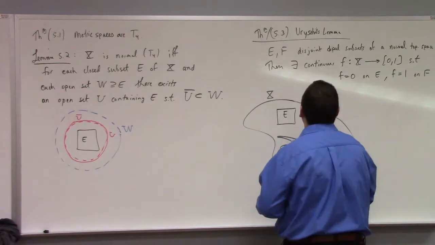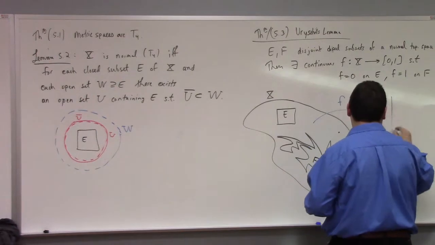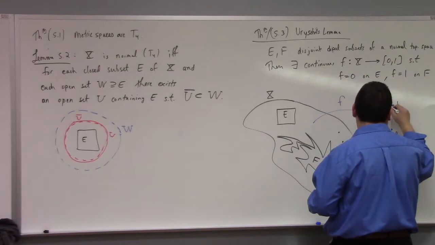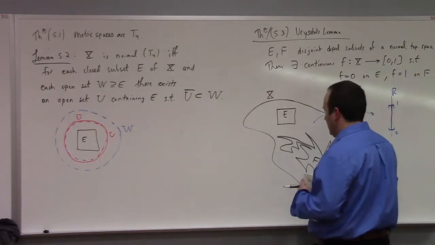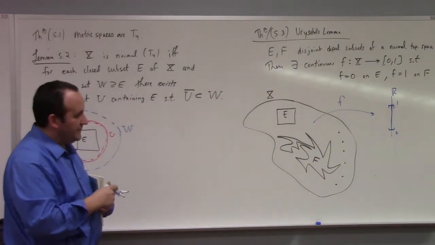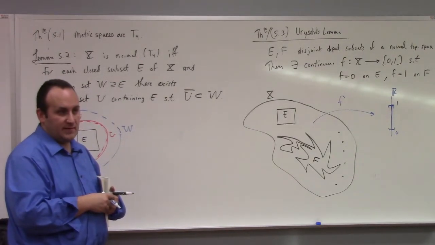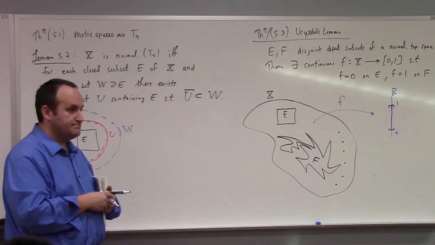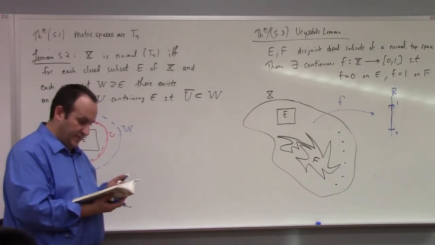And it's saying that there exists a function from here to here, such that all of E maps to 0 and all of F maps to 1, and it's continuous. So we use these to construct, as he says, bump functions here.